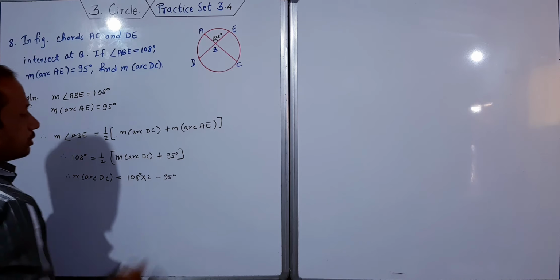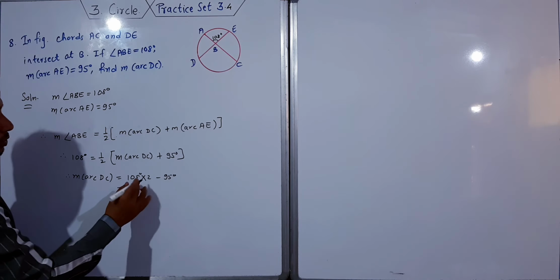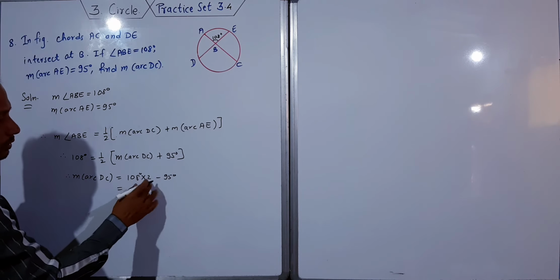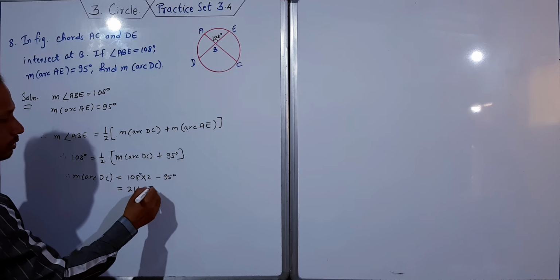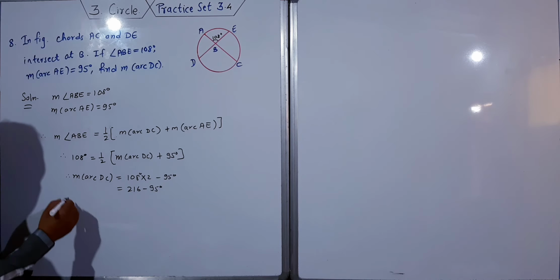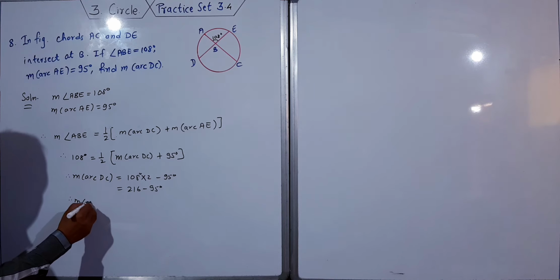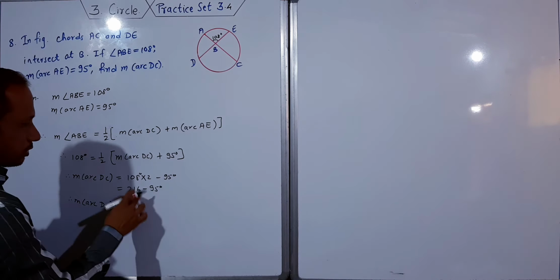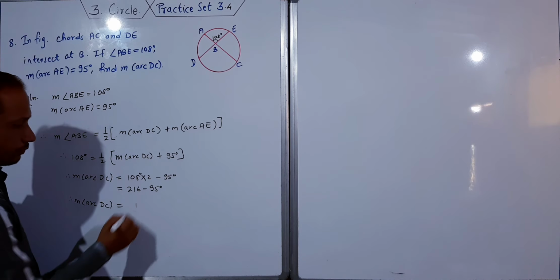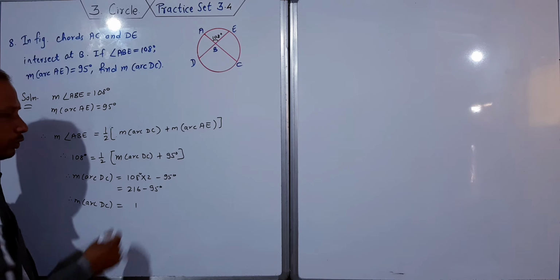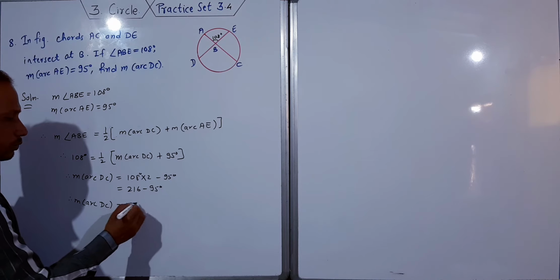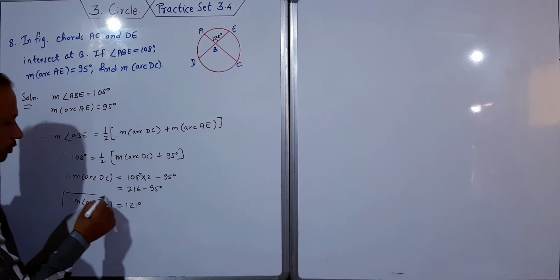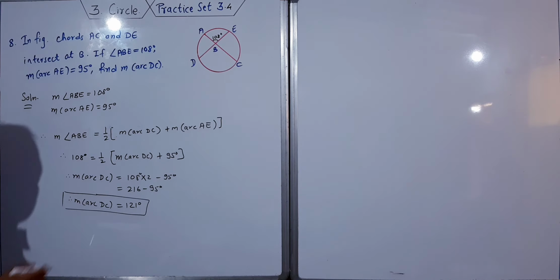This is plus, so it will become minus. 108 into 2 is 216, minus 95 degree. We just subtract: 6 minus 5, we get 1. 11 minus 9 we get 2, and this is 121. This is the measure of arc DC. So in this way we have to solve this.